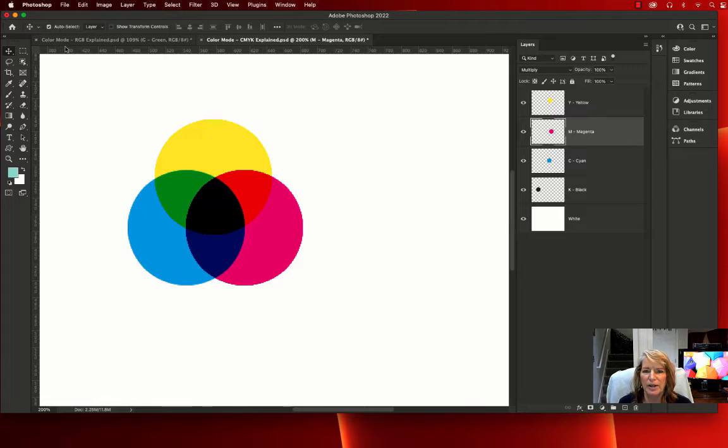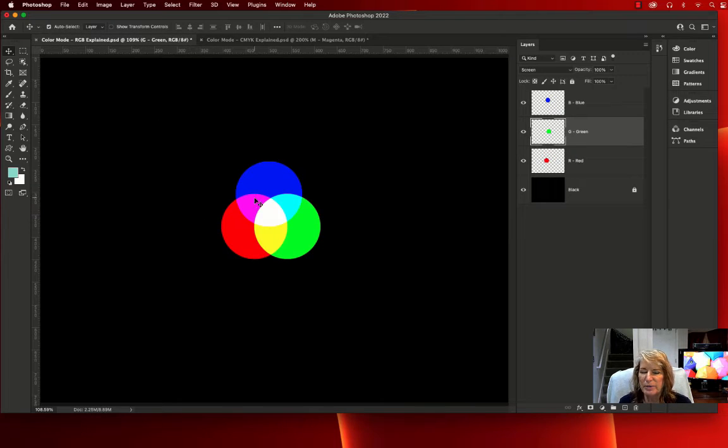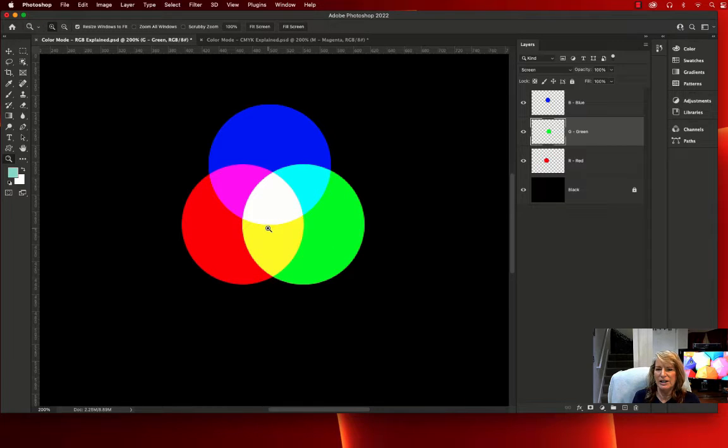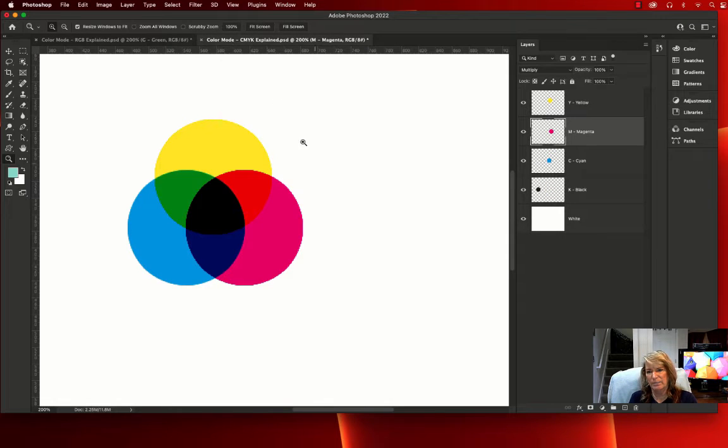So much like we saw with our RGB, we mixed all 3 of those colors together, and in the middle we came up with white. We started with black. CMYK, again opposite, I start with white, I mix them, and in the middle the color theory says I should get black. But do I?